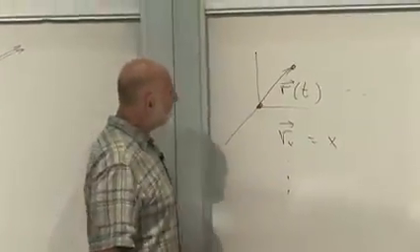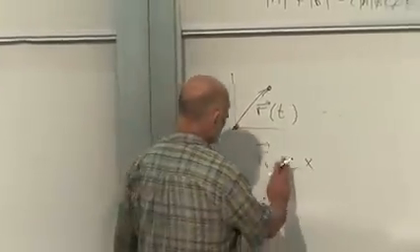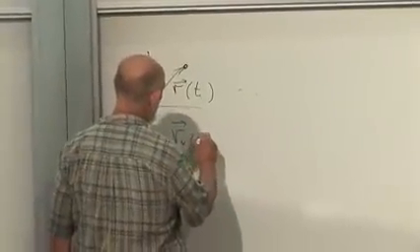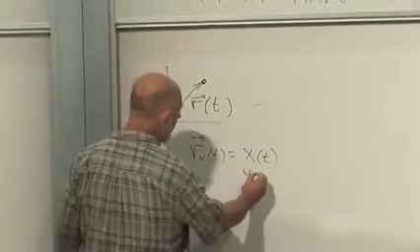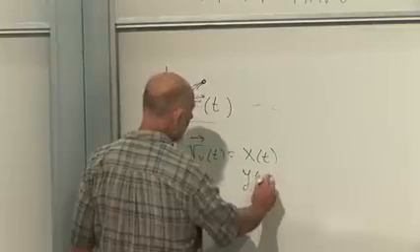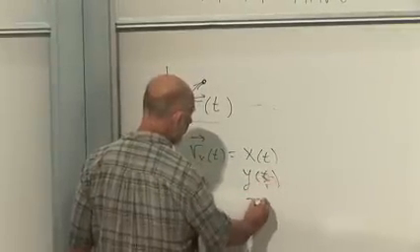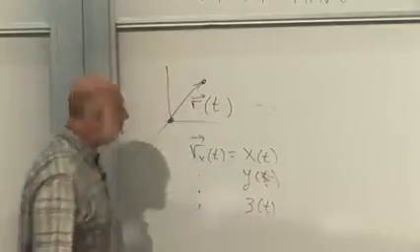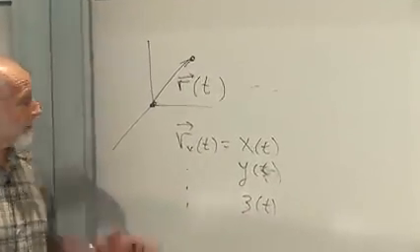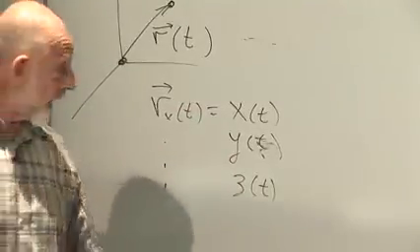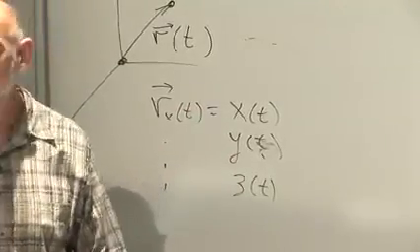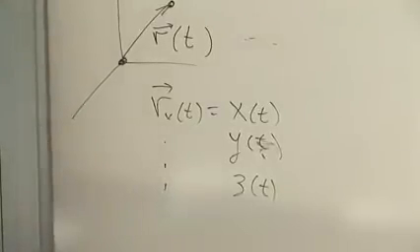And at the same time, its components. If r is a function of time, then r sub x is also a function of time. Likewise for y, y of t, and z of t. And so the motion of a particle is summarized, in this case, by three functions of time, x, y, and z.